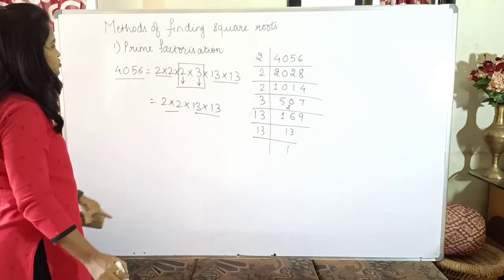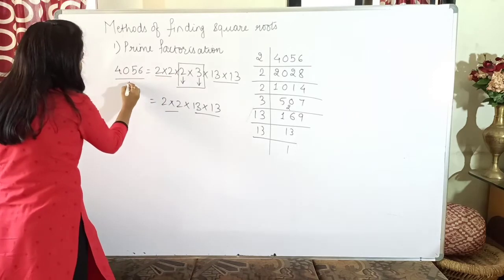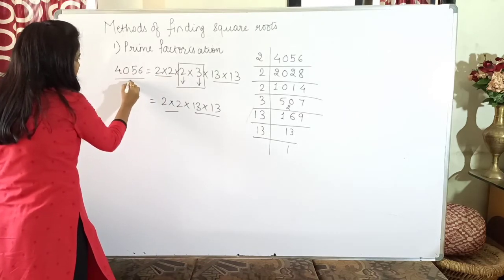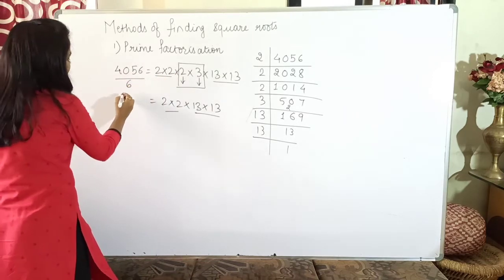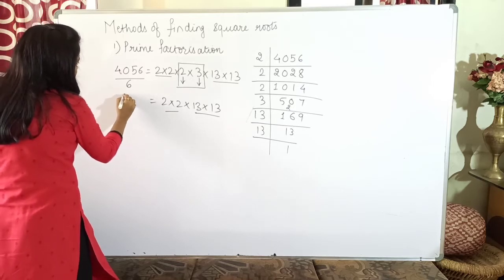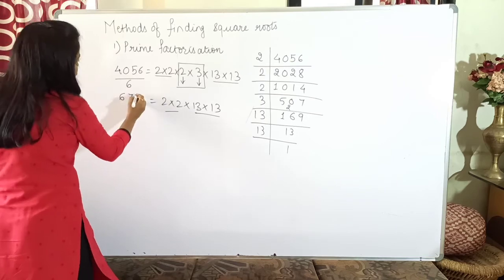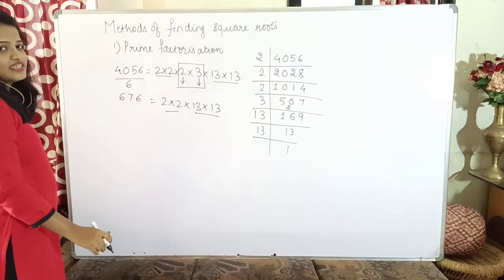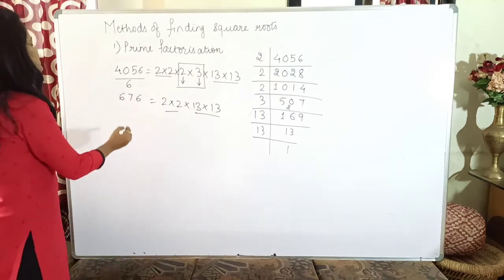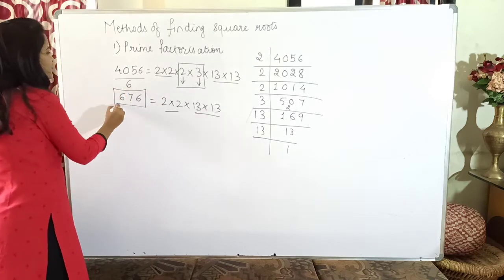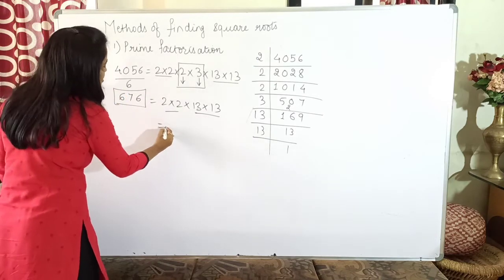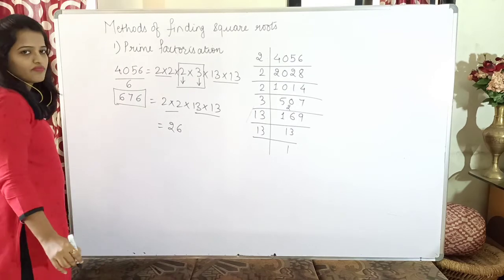So what is 2 into 3? It is 6. So if you divide 4056 by 6, 6 6s are 36, 6 5s are 30, 6 7s are 42, and 6 6s are 36, you get the answer as 676, and 676 is definitely the square of 26.